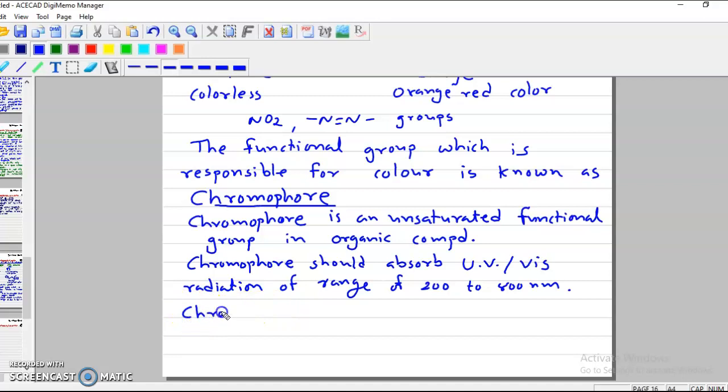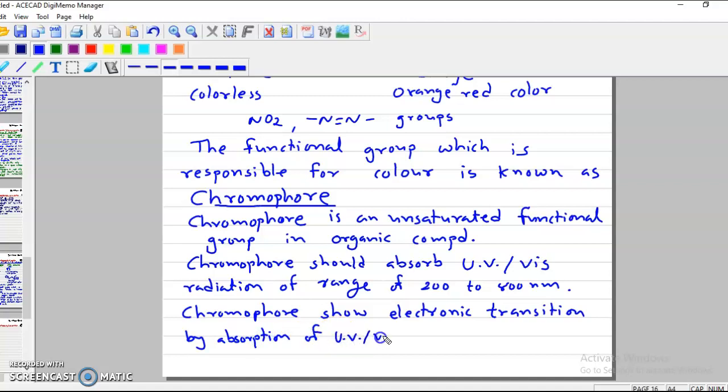Because of unsaturation, chromophores show electronic transition by absorption of UV visible light from BMO pi orbital to ABMO pi orbital.